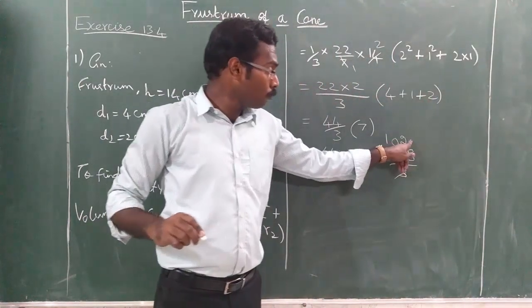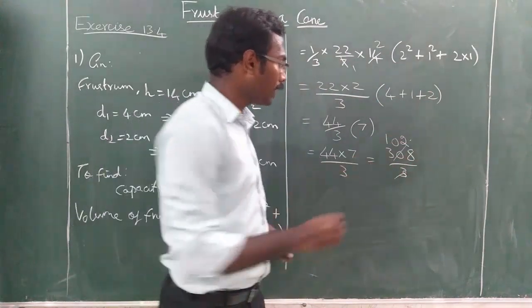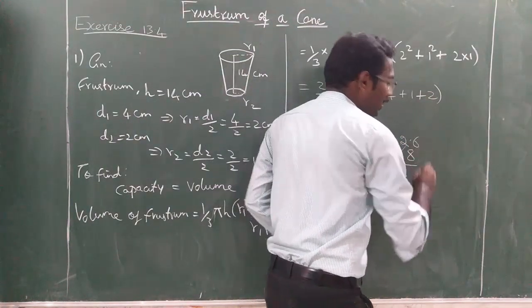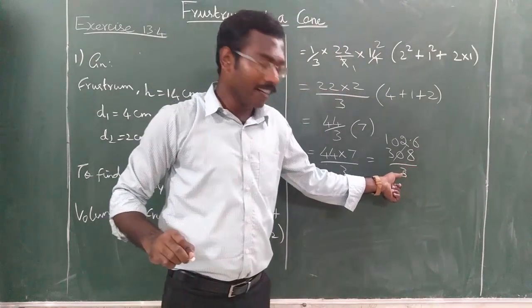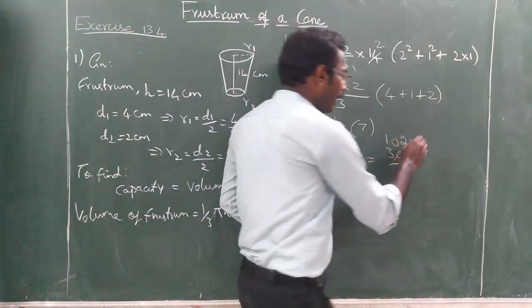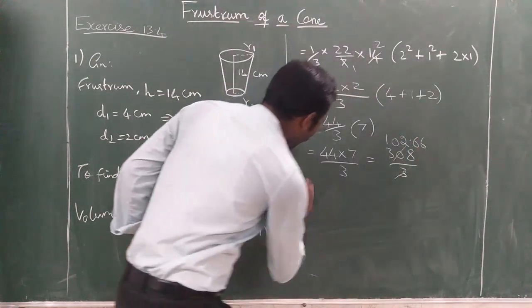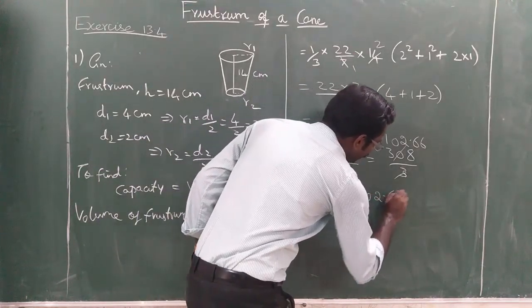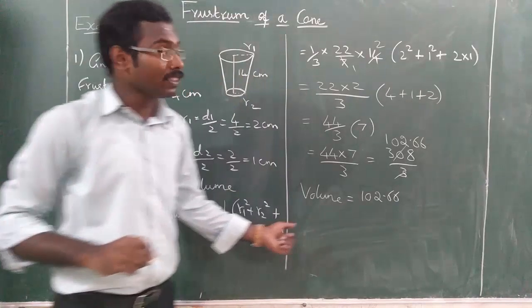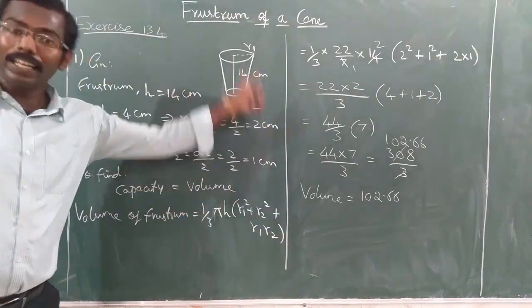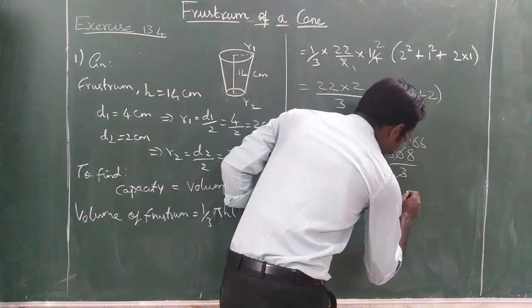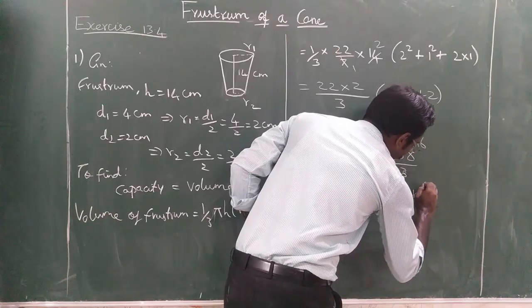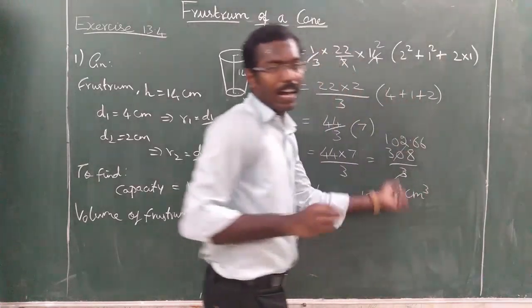So you put 20. 20 divided by 3, in 20, 6 times. 6 3s are 18, again 2. So again 6. So the volume is 102.66. This is volume, isn't it? Centimeter cube. 102.66 centimeter cube. This is the answer.